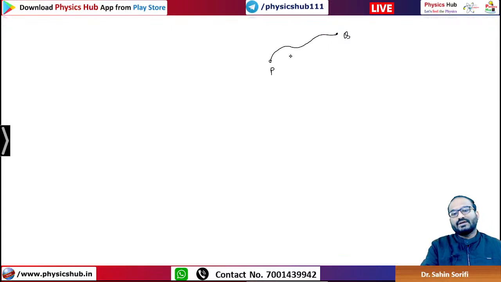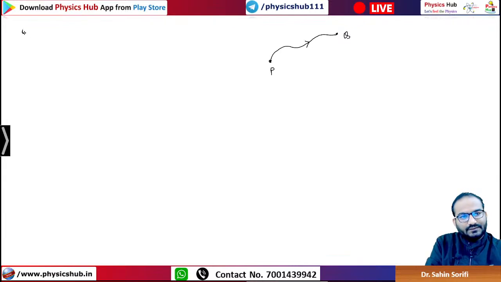Let us consider 2 points. One point is P, another point is Q. Now what will be the work done in moving a point from point P to point Q?